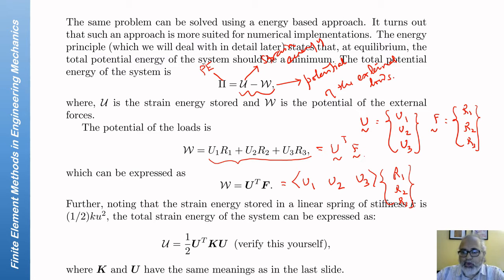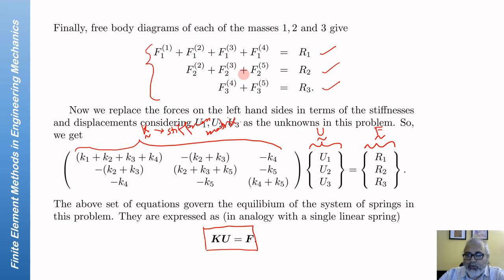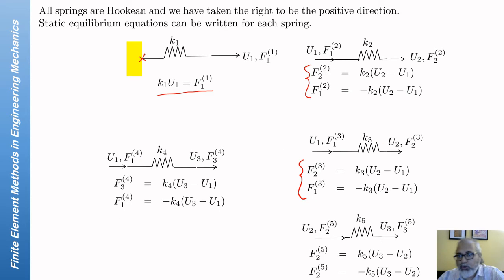Now, we can do one more thing to calculate the strain energy, capital U. To calculate it, we can go back to the k and u relationships. The strain energy stored in this spring is half k1 u1 squared.